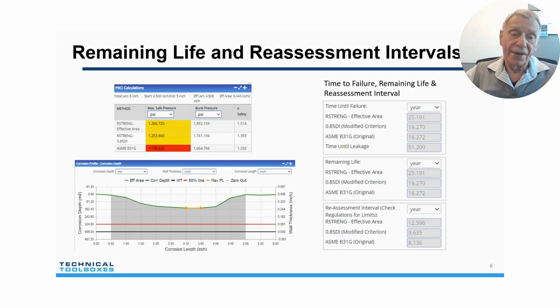And by identifying your time to failure, your remaining life, and reassessment intervals, you could begin to schedule your ILI runs and budgets and things of this nature. So this is a program that gives you a forward-looking vision of what is going to occur.